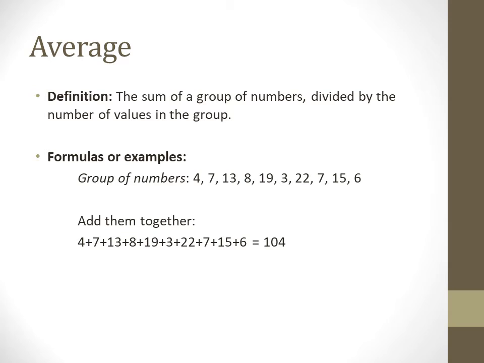So again, we've got our group of numbers, and the total amount of numbers in the group is 10. So we are going to take our summation, 104, divided by the number of values in the group, 10, and we get 10.4. So the average of that group is 10.4.